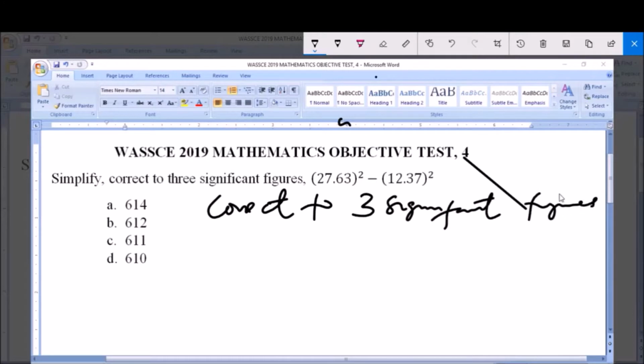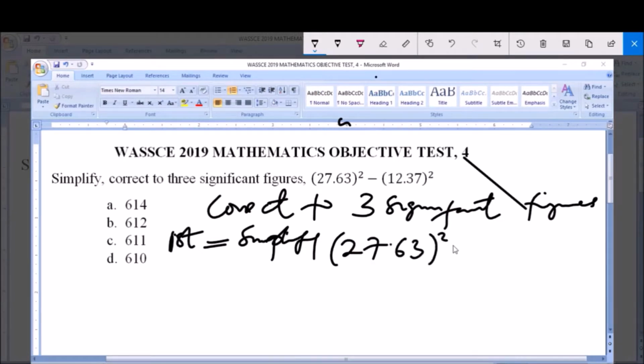So the first thing we do is to simplify. First we simplify 27.63 squared minus 12.37 squared.